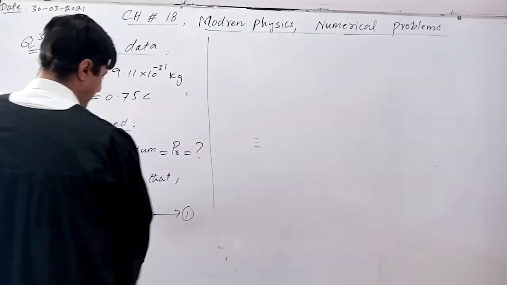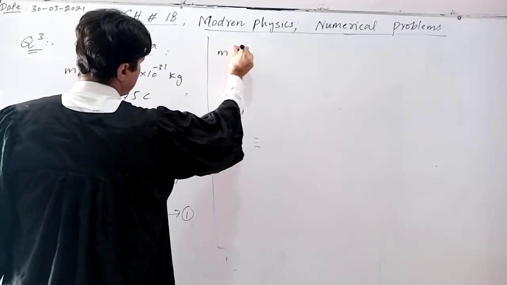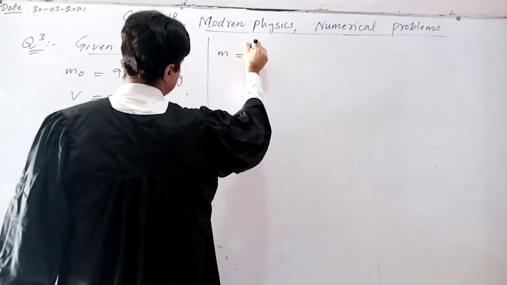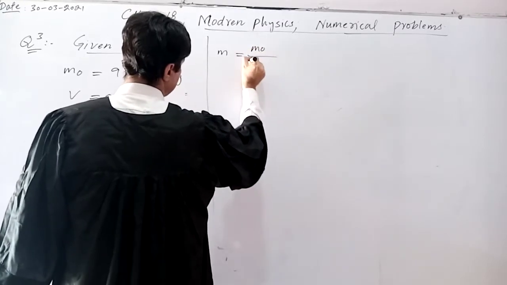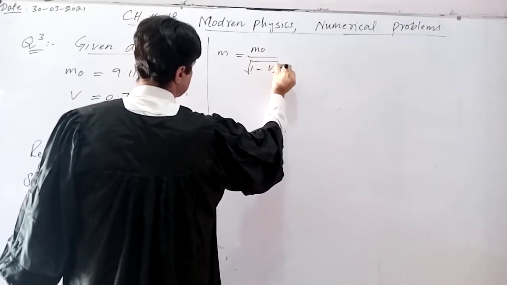Also we know that m is to be calculated like this: m equals m naught divided by under the root 1 minus v square divided by c square.